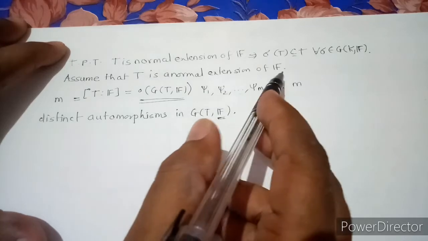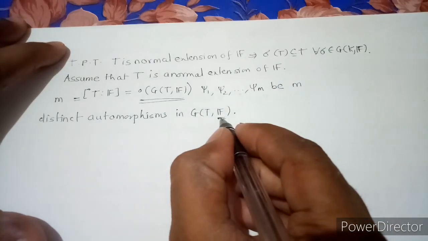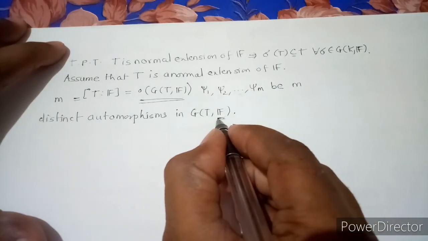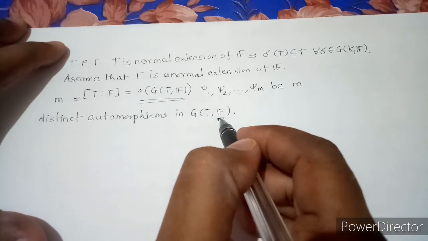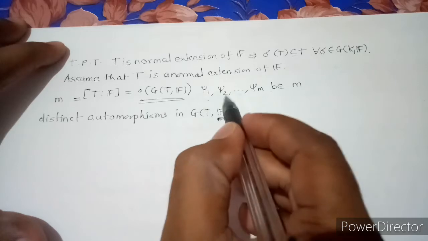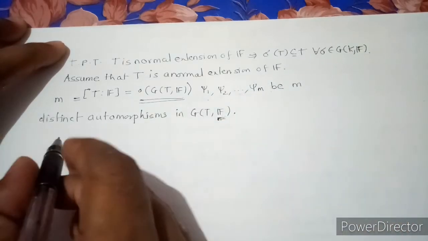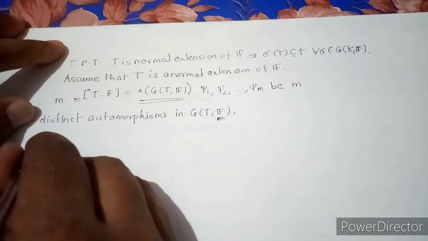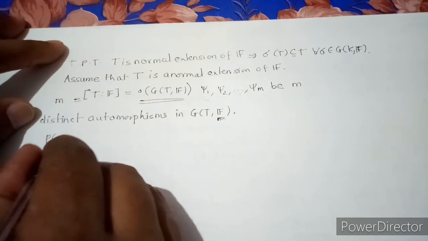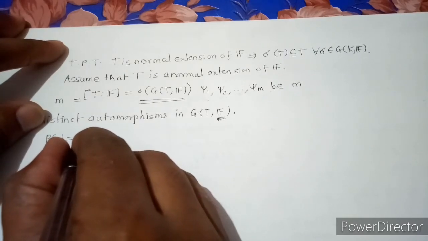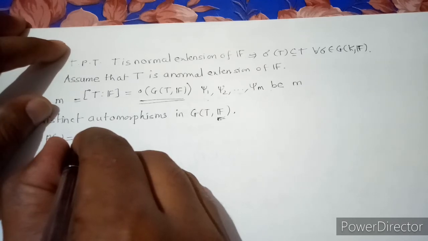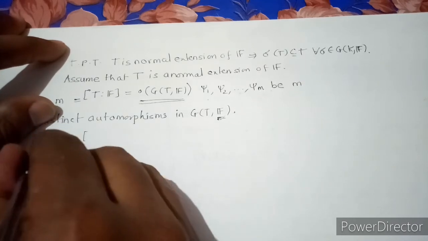As T is a normal extension of F, the elements of F are the only elements which are being fixed by these automorphisms. No element which is outside F is fixed by psi 1, psi 2 and psi m. Now again consider the polynomial.